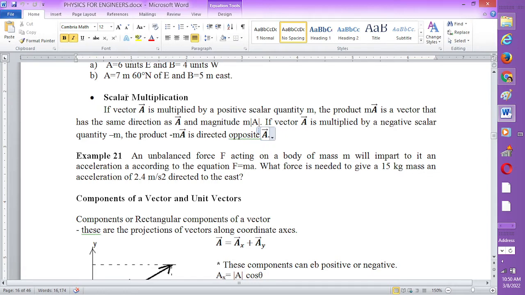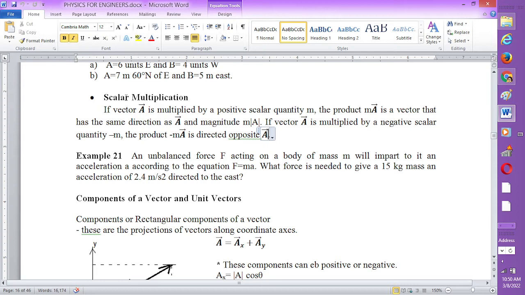So the dot product, class, although it is a product of two vectors, the result is a scalar. Then the cross product is also a product of two vectors, but the result is another vector. So, again, those are the three types of vector multiplication that we will discuss.